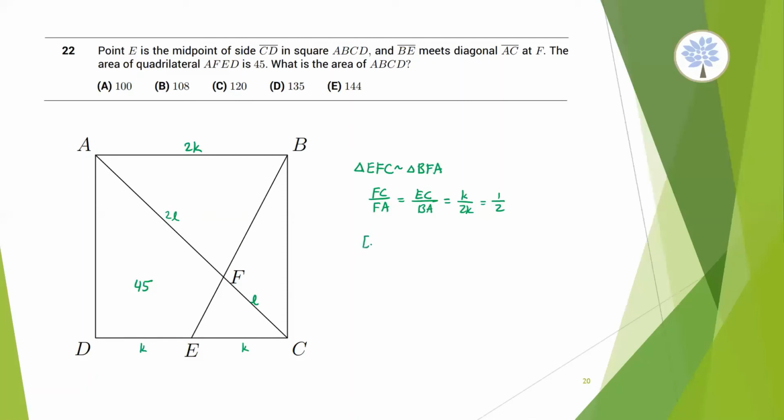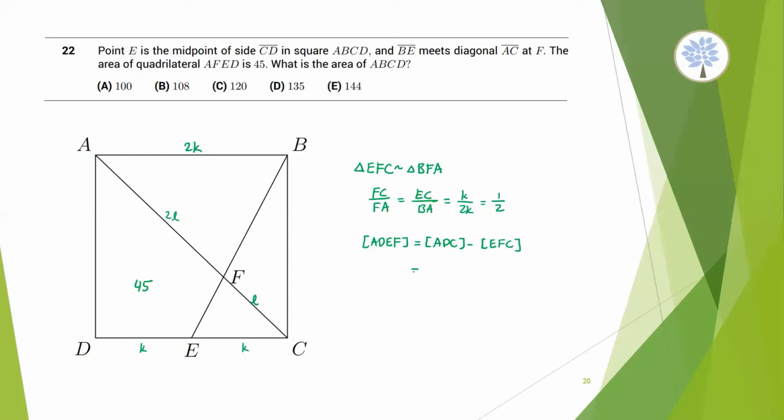And now we can write ADEF again, as we did before, now that we have more information: ADC minus the area of triangle EFC.